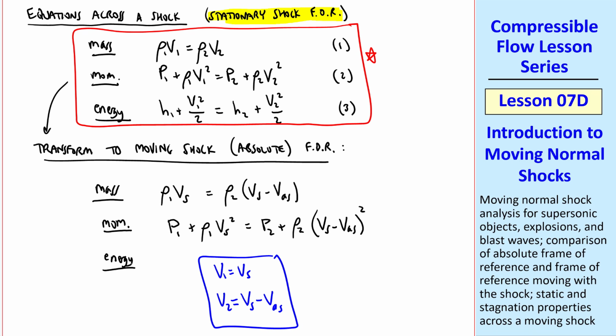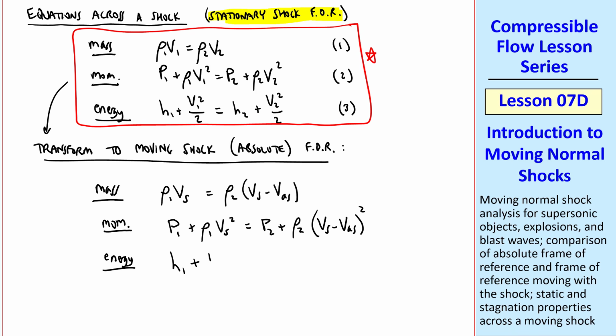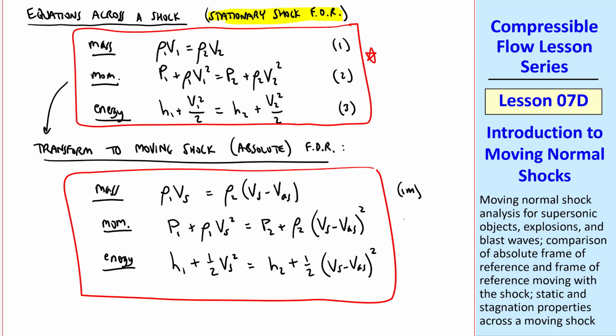And equation 3, the energy equation, becomes H1 plus 1/2 Vs squared equals H2 plus 1/2 (Vs minus Vas) squared. I'll call these 1m, 2m, and 3m, since these are the equations across a moving shock.